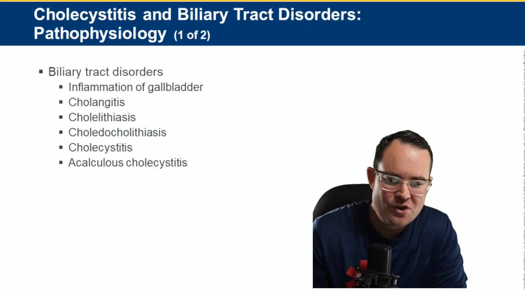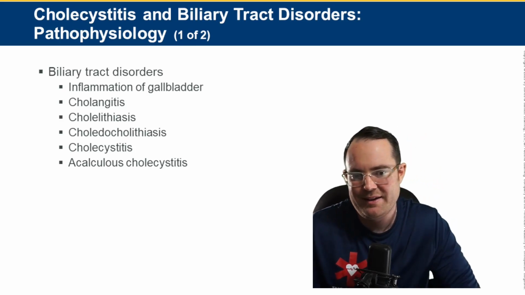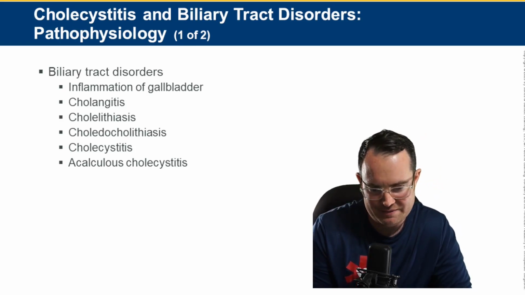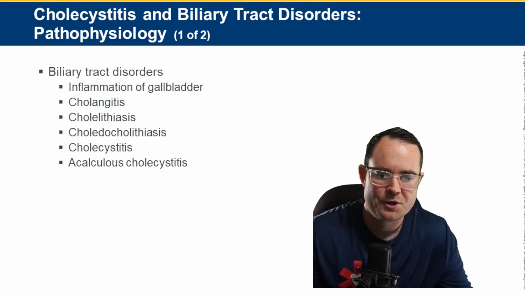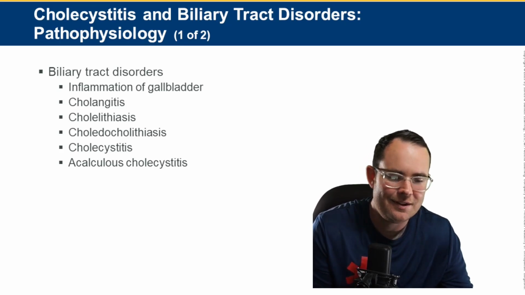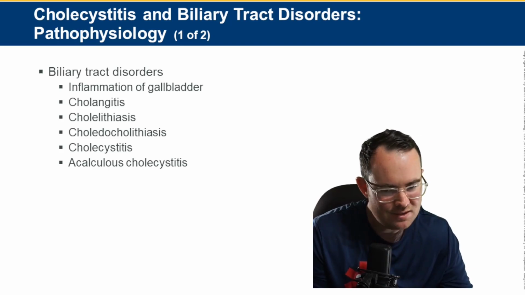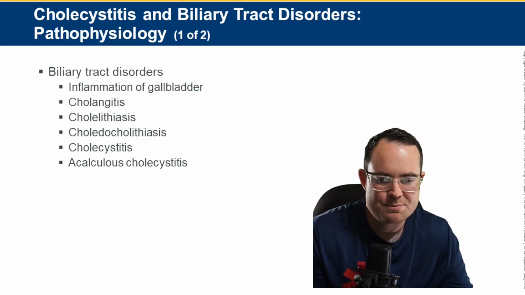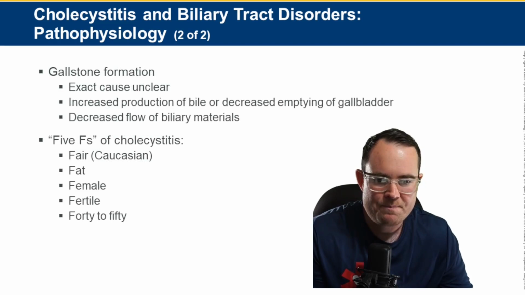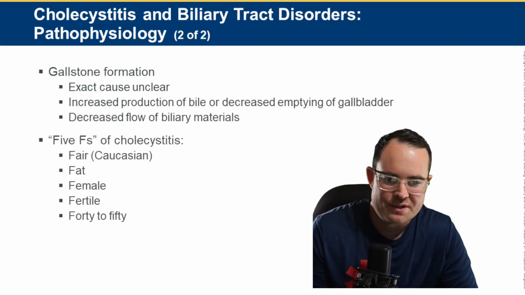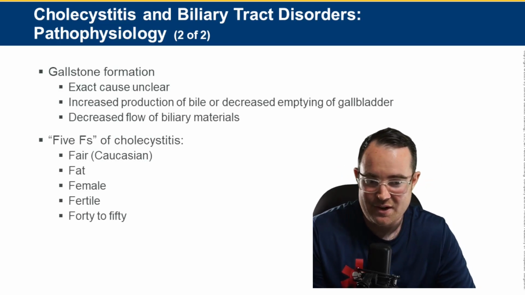Cholecystitis and biliary tract disorders. There are a lot of them. And that word chol, please know that is talking about the gallbladder. A lot of different disease processes there. Gallstone formation. Again, the cause is unclear.